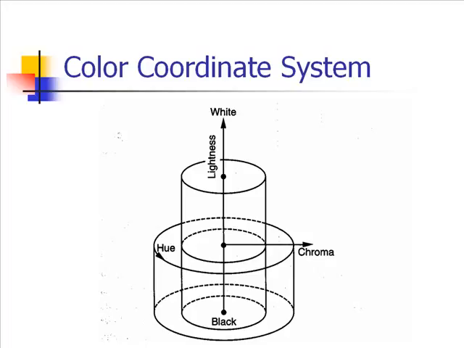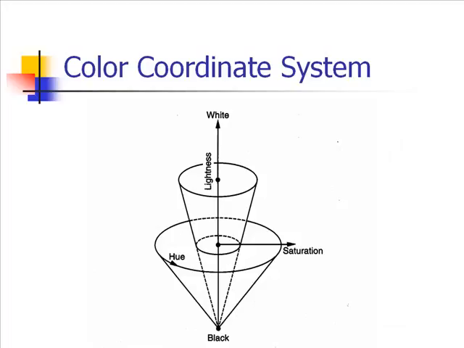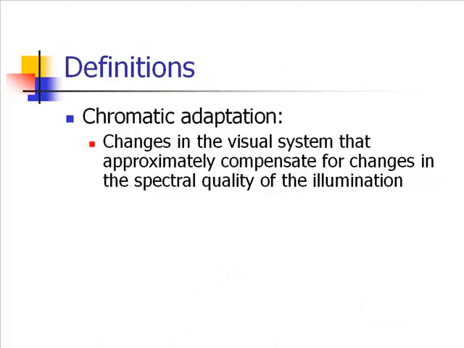There's some other terms they talk about in the book. Chromatic adaptation: changes in the visual system that approximately compensate for changes in the spectral quality of illumination. So if you slowly change the light source, for instance, it'll appear to you that the color of the object doesn't change. But if you did it quickly, then you could see the difference. So our eyes and mainly our brain have a way of adapting to what should be there more so than what's actually there.